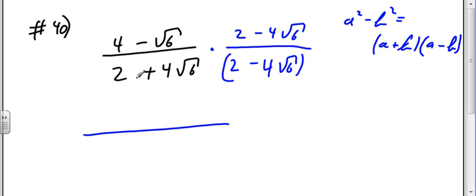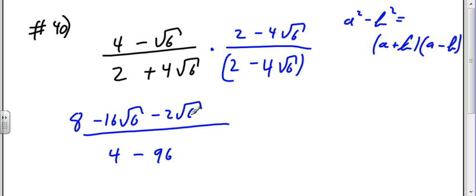All right, so on the bottom I've got a 4, and I've got a minus 16 times 6. 16 times 6 is 96, I knew that. Minus 96. And then on the top I've got an 8. I got a minus 16 square root of 6. I got a minus 2 the square root of 6.